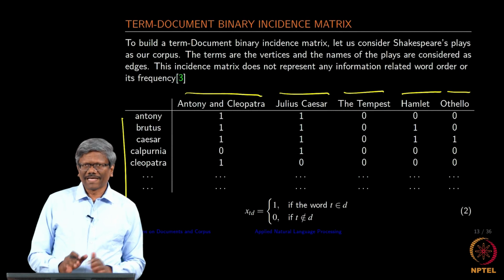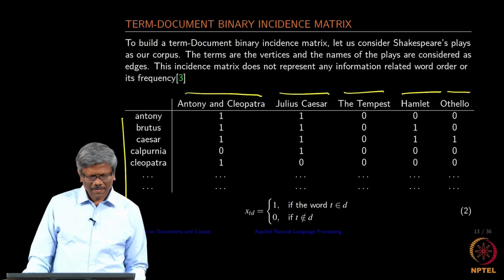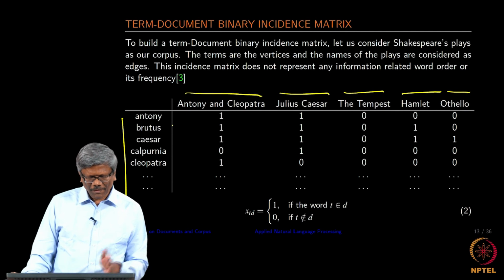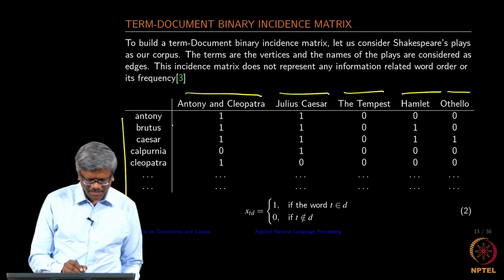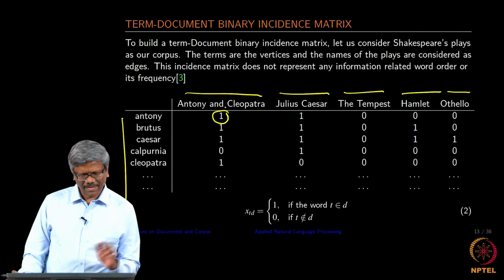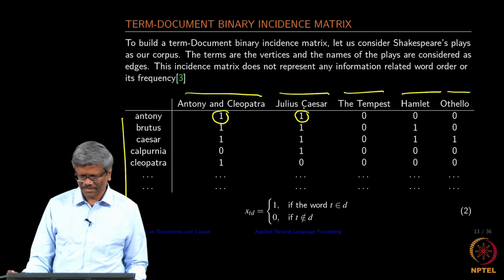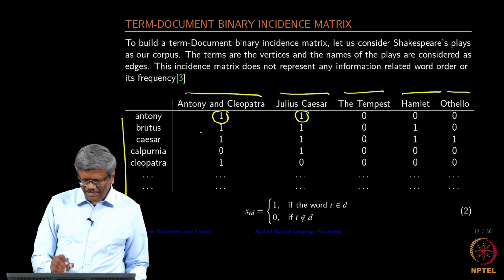Let us take only certain names that we know very well and see how we can fill this up. When I take the word Antony, I want to find out whether this name appears in all the plays. The one we have marked means the name appears in Antony and Cleopatra, and it again appears in Julius Caesar. It does not appear in The Tempest, Hamlet and Othello.